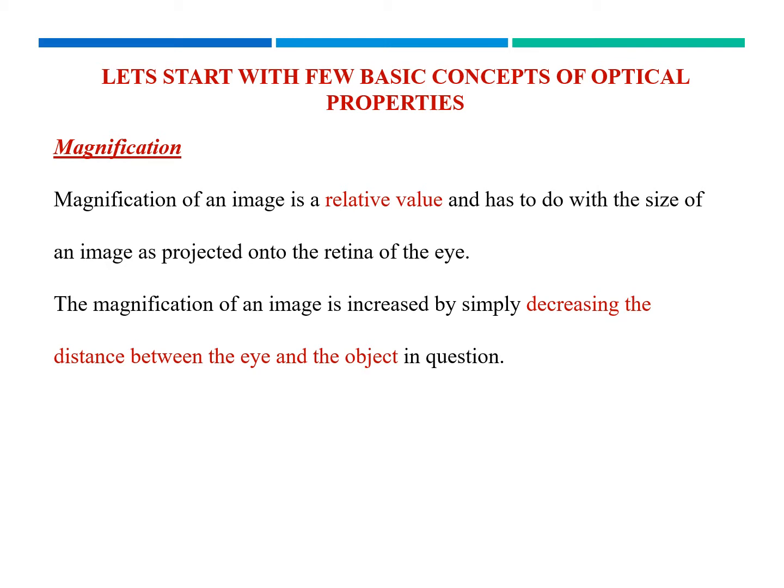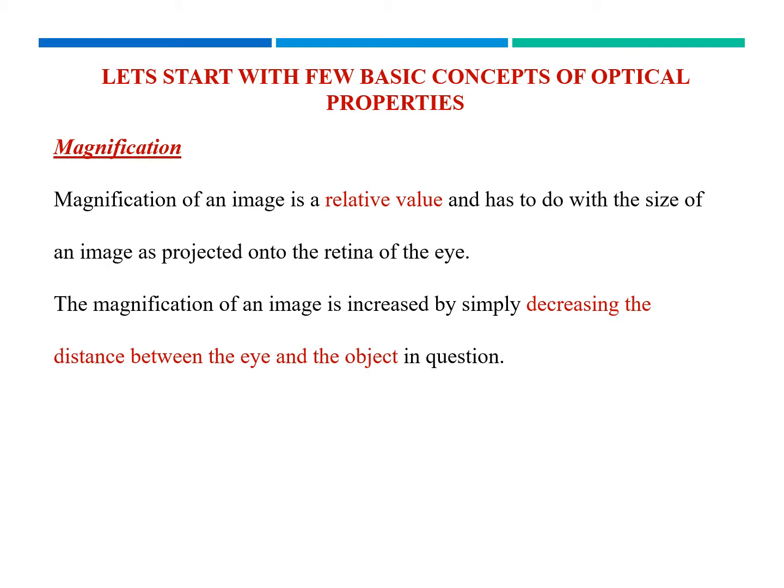If you want to see something more precisely or in more detail, our normal tendency is to come closer to it. When you come closer, you get a better vision, so that invariably gives you a magnified image in our eyes.